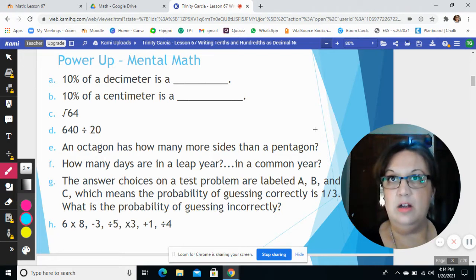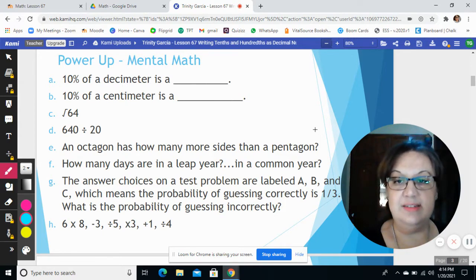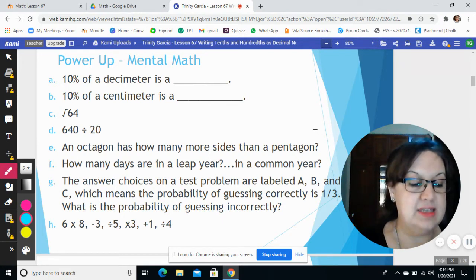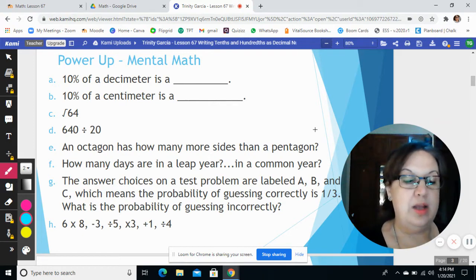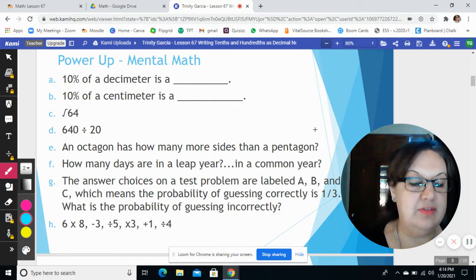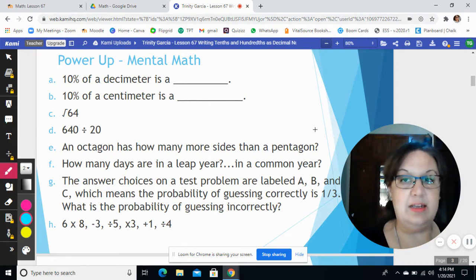All right, our next one, G. The answer choices on a test problem are labeled A, B, and C, which means the probability of guessing correctly is 1 out of 3. What is the probability of guessing incorrectly?